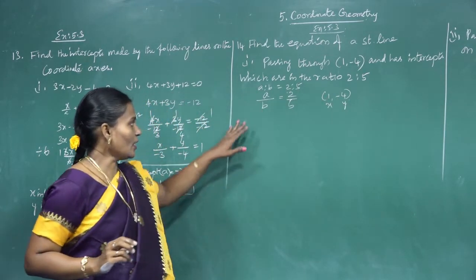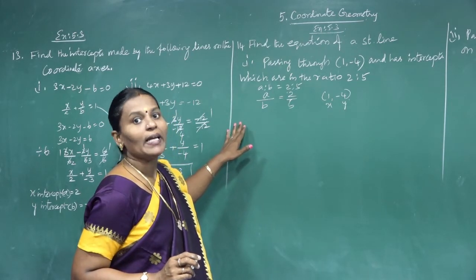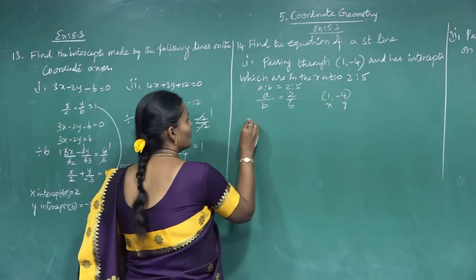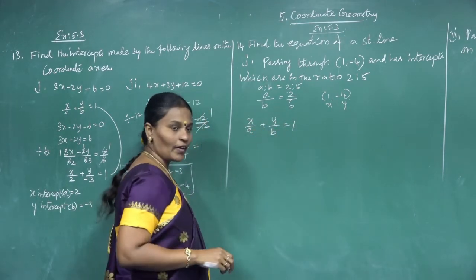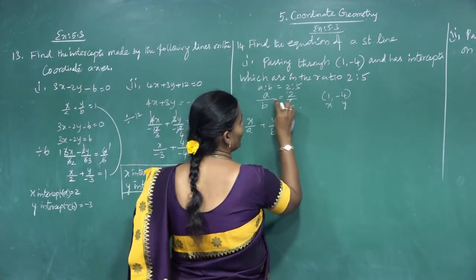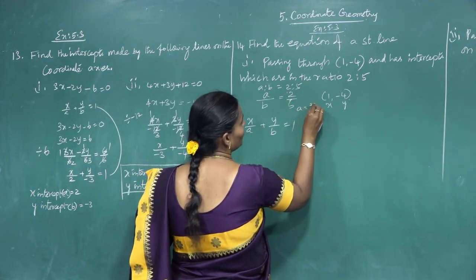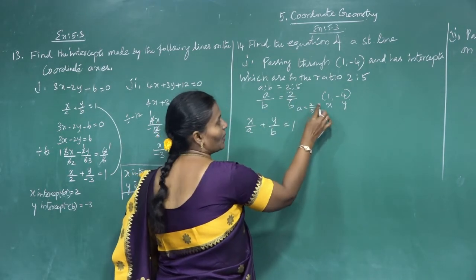Now you take x by a plus y by b is equal to 1, the x and y intercept form. One more thing here. You consider a is equal to 2 by 5 b. This b you bring to the right side, that becomes multiplied.